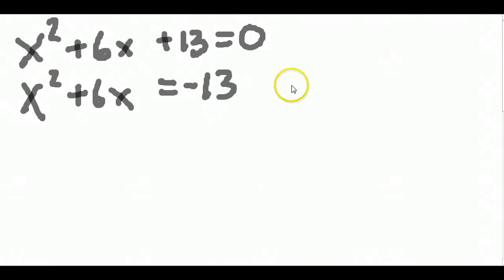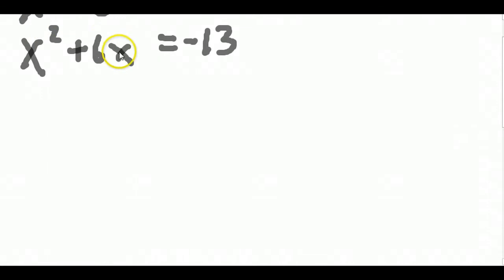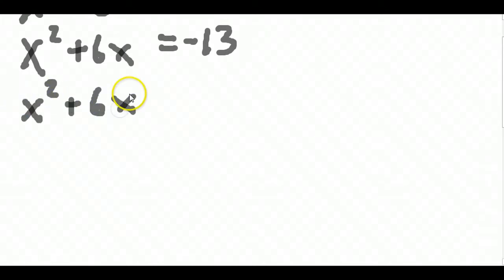Okay. So now let's complete the square on the left side. We have x squared plus 6x. What do we need to do for our C term? How do we complete the square if it's x squared plus 6x? We half b and then square it.